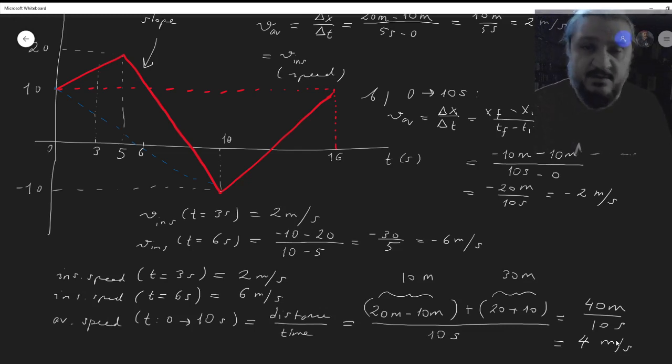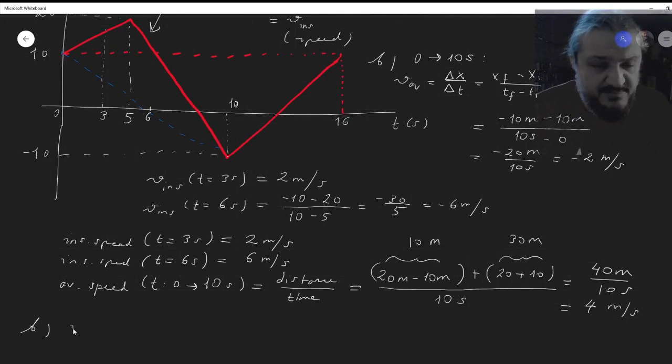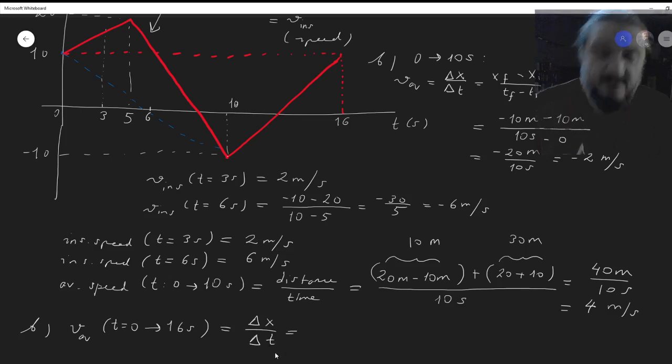So I think you get the idea, but let's add one more part to this problem. Part B, the average velocity in a time interval from 0 all the way to 16 seconds. The definition is displacement divided by time.